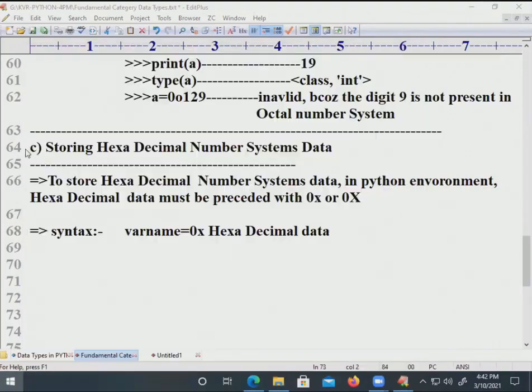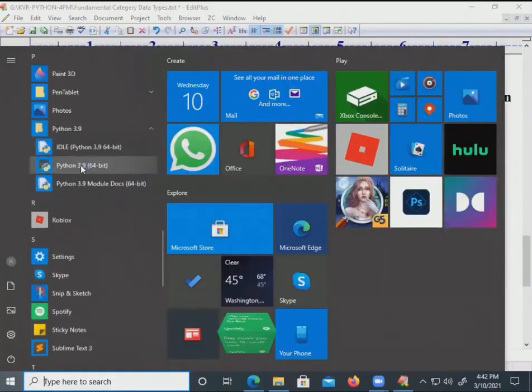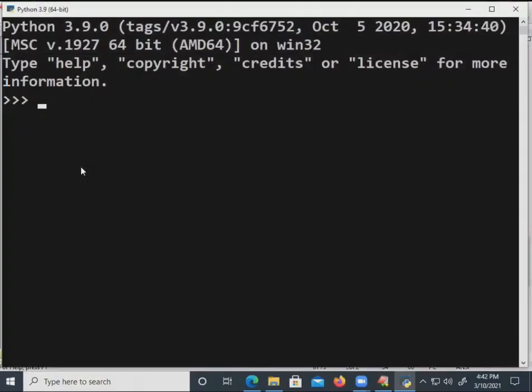You can go to Python in different ways. One way we already understood: the command prompt is opening. Look at it carefully. a = 0xAB. Remember this? B into 16 to the power of 0, A into 16 to the power of 1.